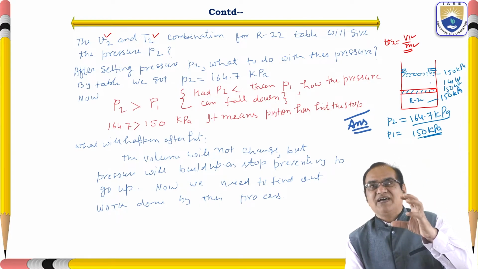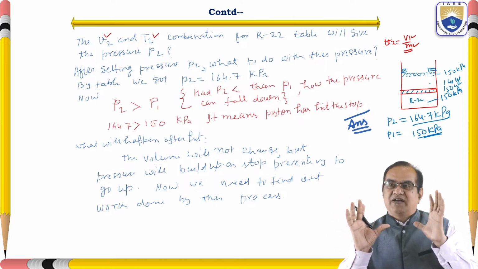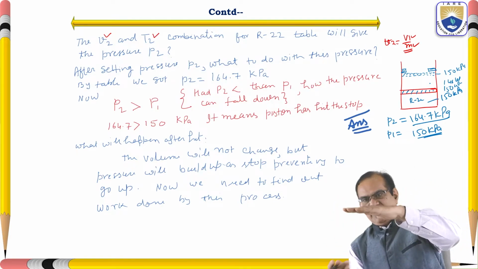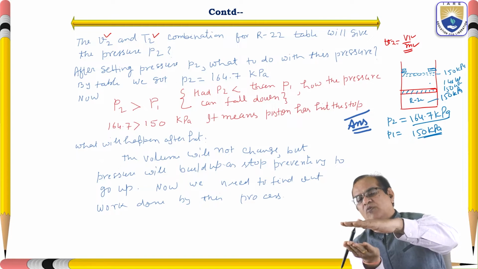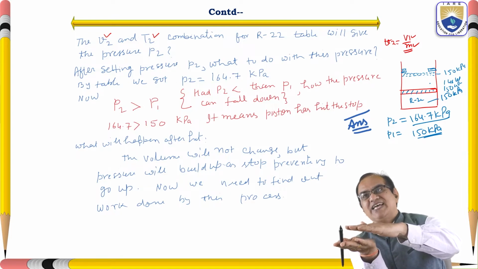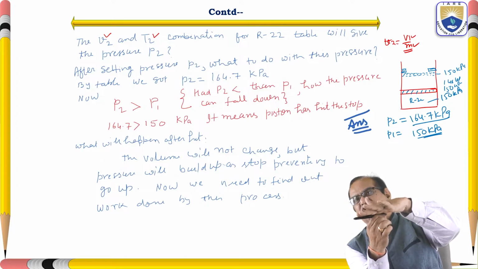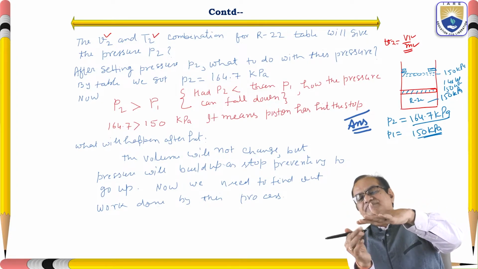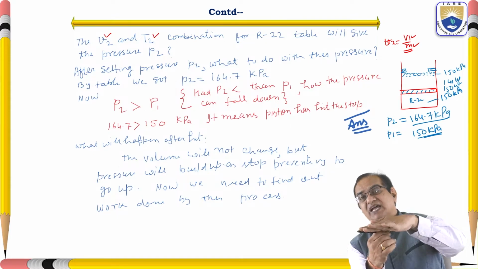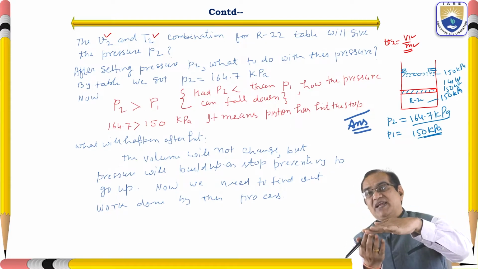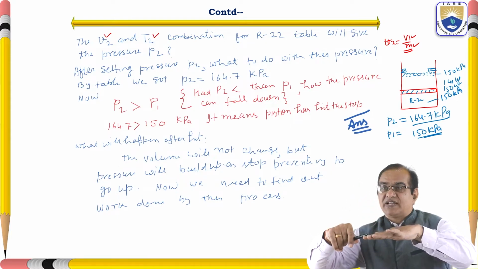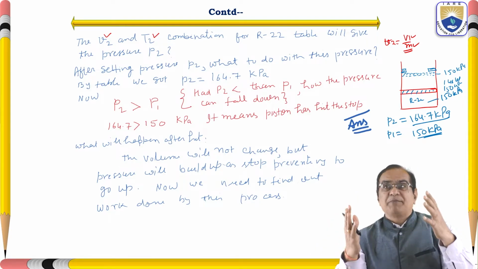For the piston to hit, if you assume the piston is moving, it will have the same pressure of 150 till the time it is touching the stop. As it touches, the pressure slowly builds up because the stops are there. At constant volume, the pressure will increase.